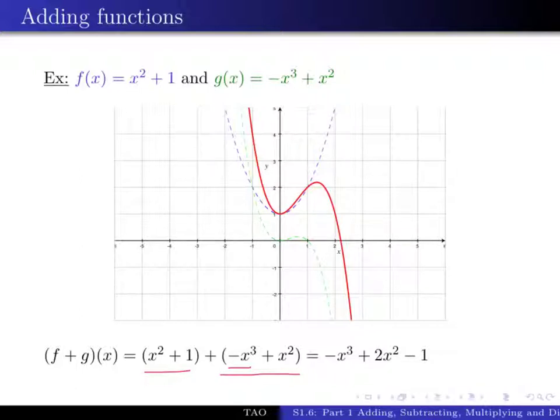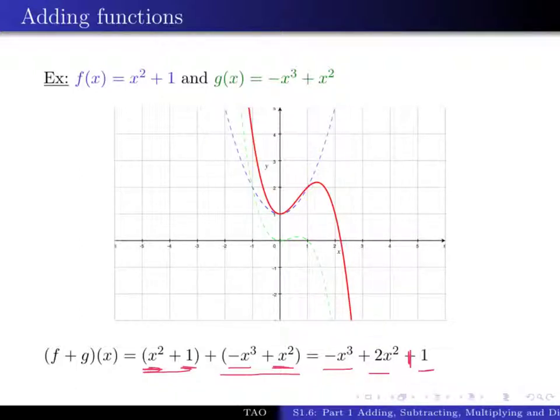There's an x cubed here, but there's no x cubed, so that stays where it is. There's an x squared and another x squared leading to 2x squared. There's a plus 1. Oops, I got a minus sign wrong. I always get a minus sign wrong. Why am I not surprised? Okay, so this is plus 1.